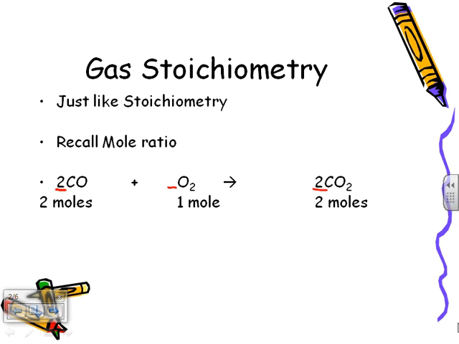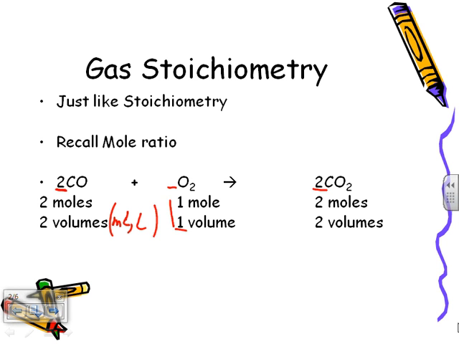When we do the gas laws, when we work with the gases, we can do the same thing but with volumes. Volumes meaning milliliters or liters typically is what we'll have. This also tells us that we have 2 volumes of carbon monoxide reacting with 1 volume of oxygen to give us 2 volumes of carbon dioxide.